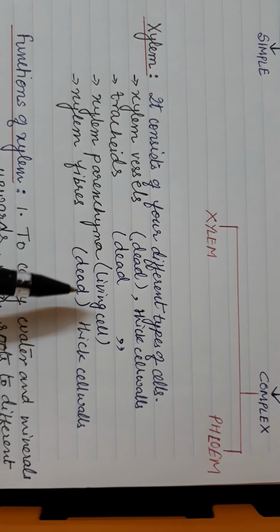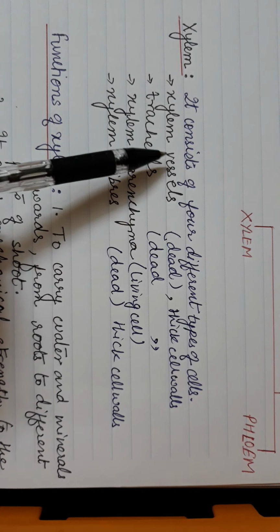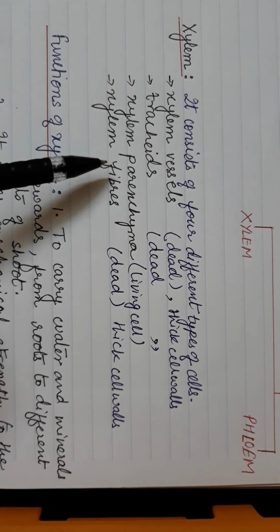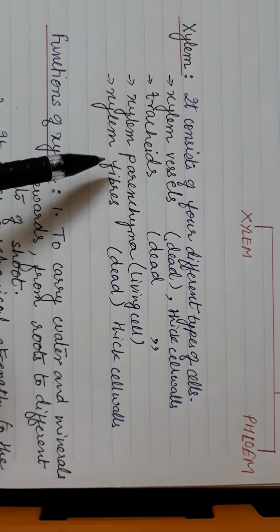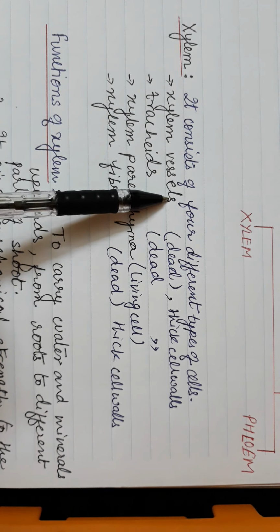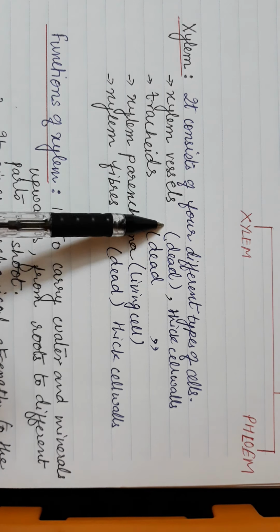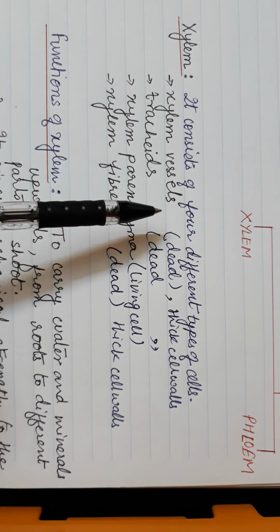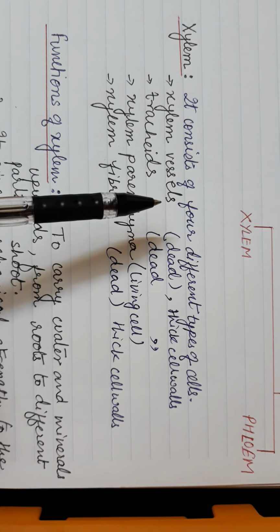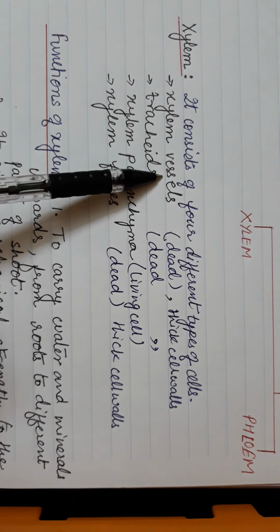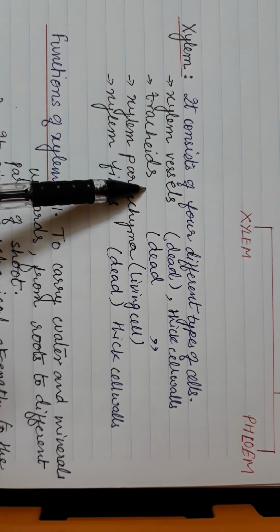Okay. Now, what do these cells do together to work as a unit? So, xylem vessel is a long tube structure and it is placed end to end, and those ends are dissolved so that it can continuously become a hollow tube. Then comes the tracheids.